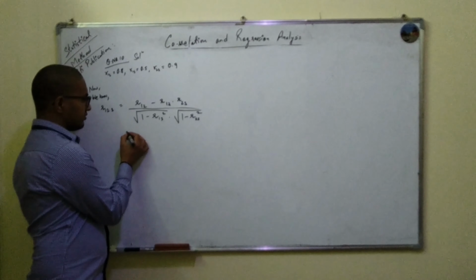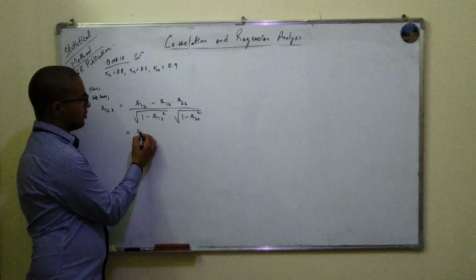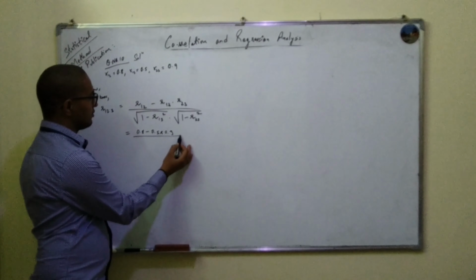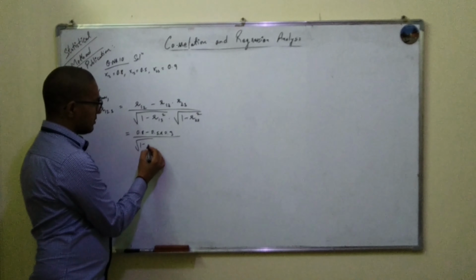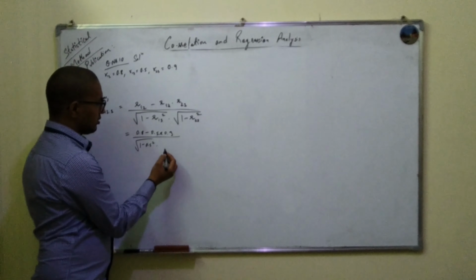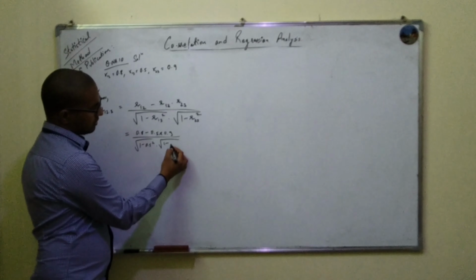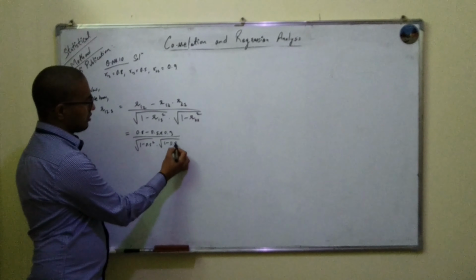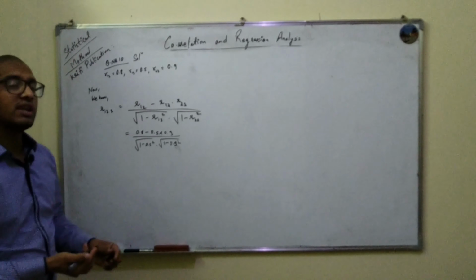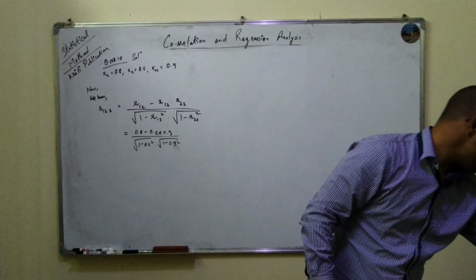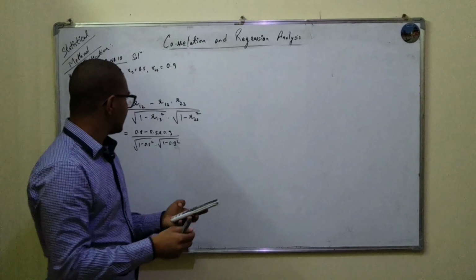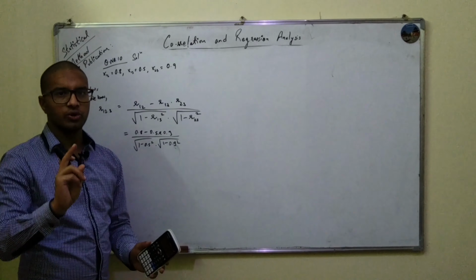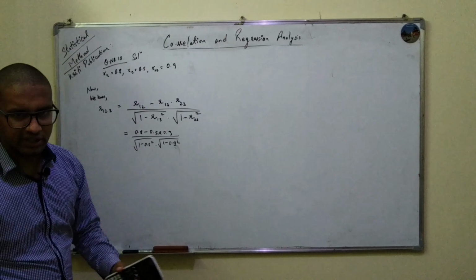Solving for it, we get 0.8 minus 0.5 into 0.9, divided by the root of 1 minus 0.5 square times 1 minus 0.9 square. When you calculate it, you could use brackets and do it in one go, because you are not going to get marks for elongating it too long.